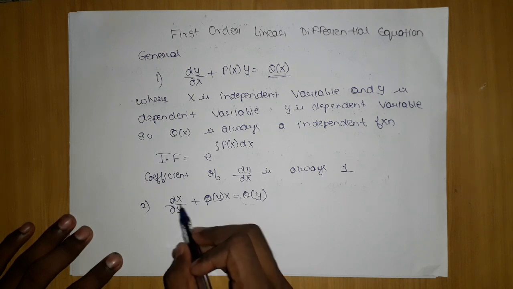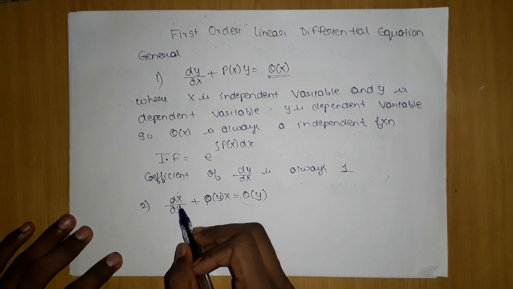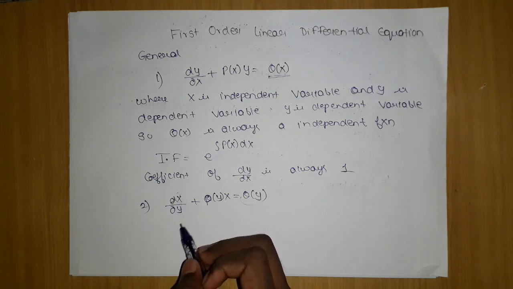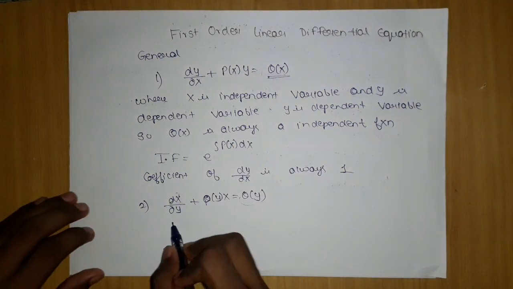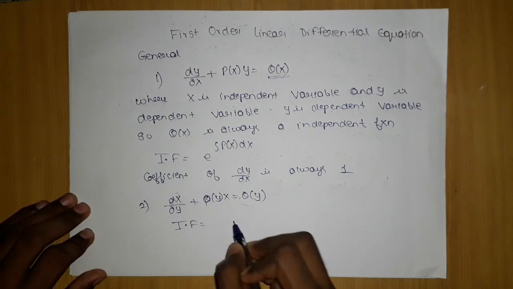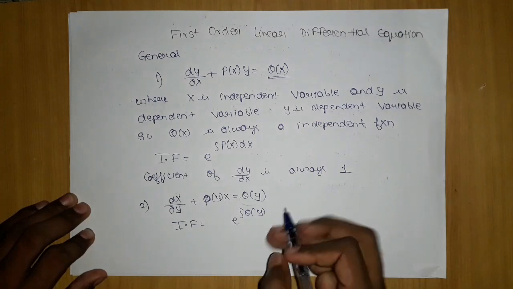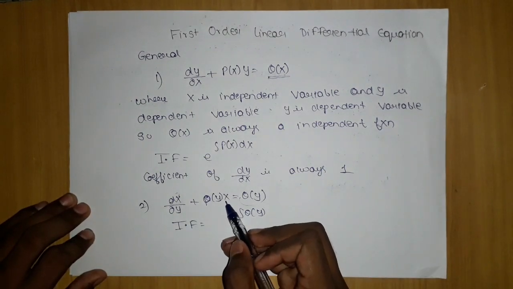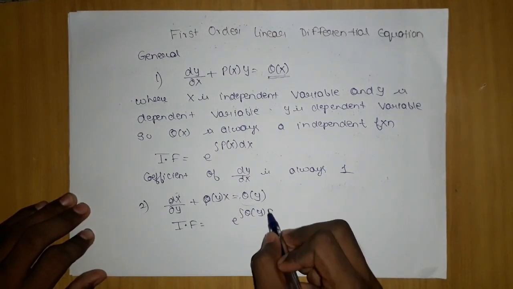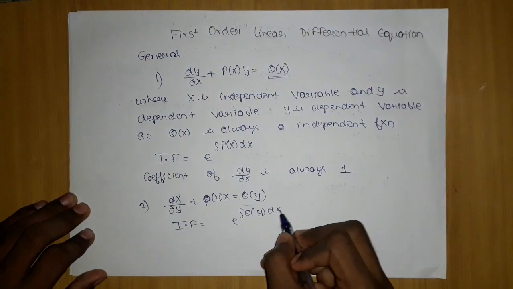So just remember the term which is in the denominator is independent, and the one on top is dependent. Similar things will happen here, and the integrating factor will be given by e to the power integral of p of y, the part attached with the dependent variable, into dy.